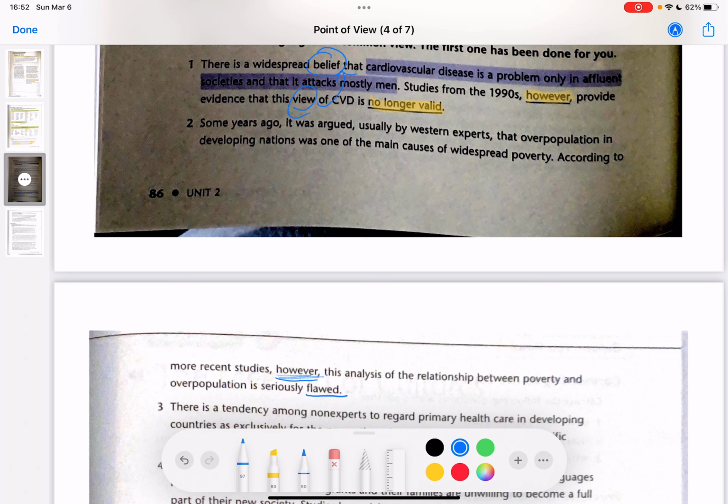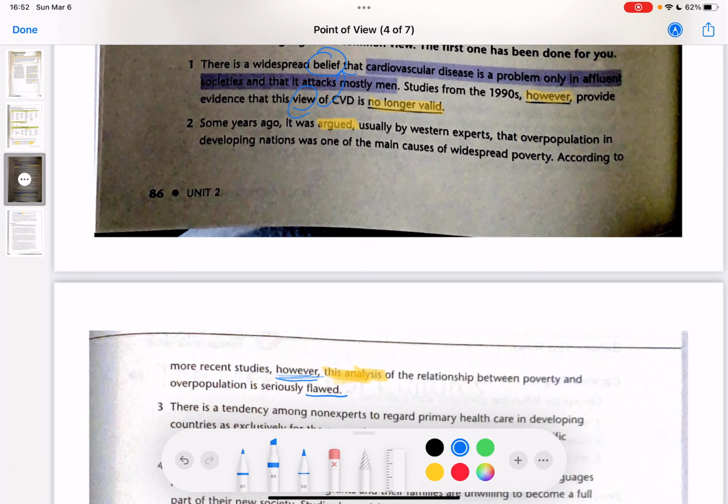So we're talking about this analysis, okay? This analysis, and you didn't have to highlight that, but I'm going to highlight it because that's a continuing idea marker. This analysis. So what analysis are we talking about? Well, we're talking about what was argued, right? That's the analysis, what was argued.